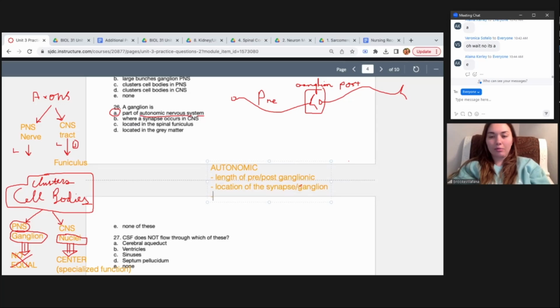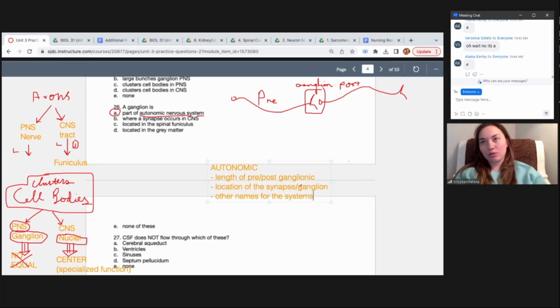And so that would be terminal, intramural, all of that. And then the other names for the systems. So like sympathetic is also called thoracolumbar, and parasympathetic is also called craniosacral. And then you want to know their basic functions. So that should be most of the main topics.